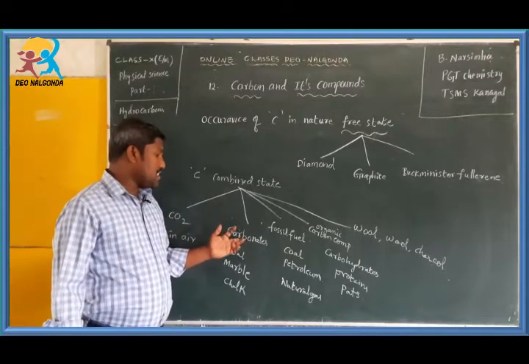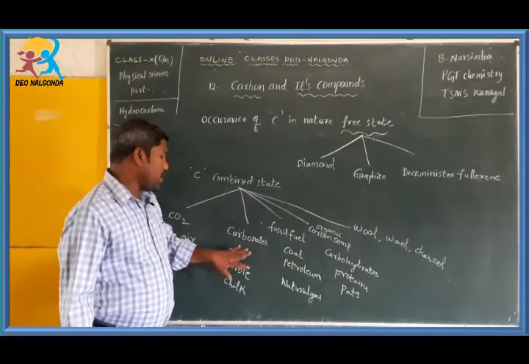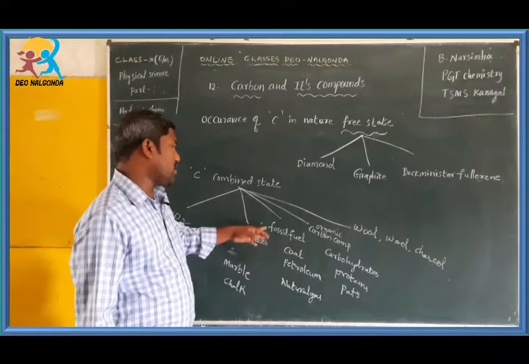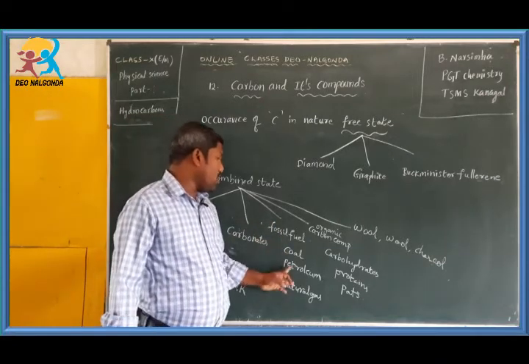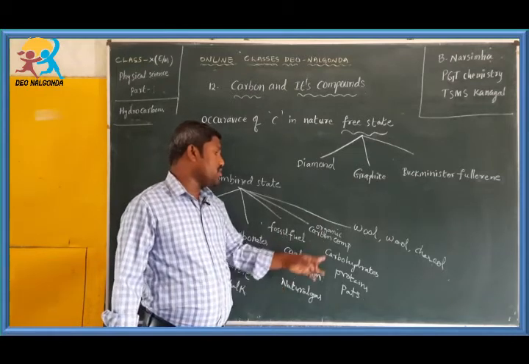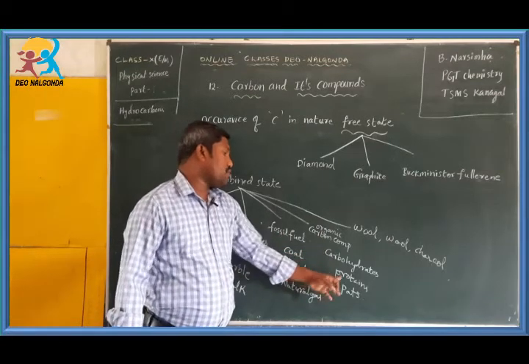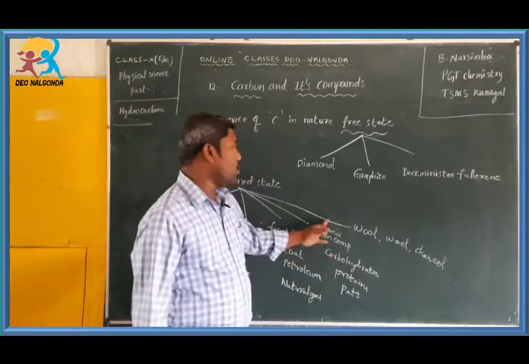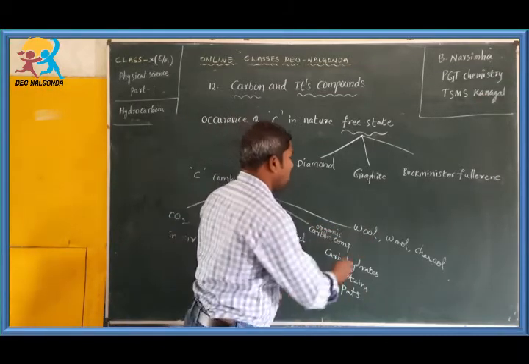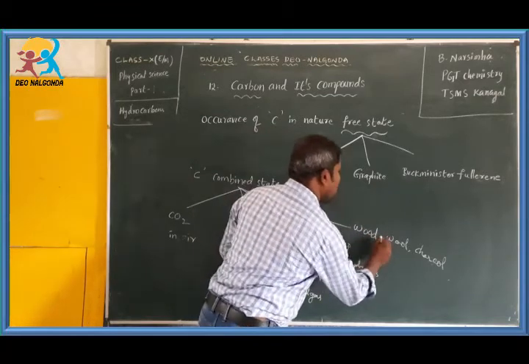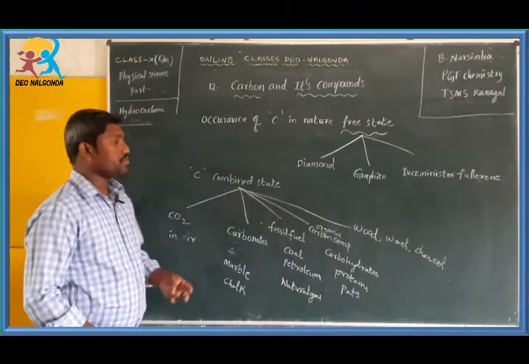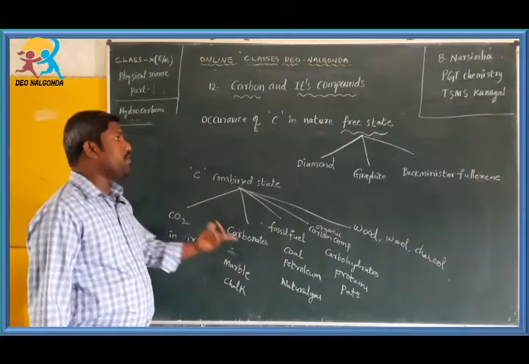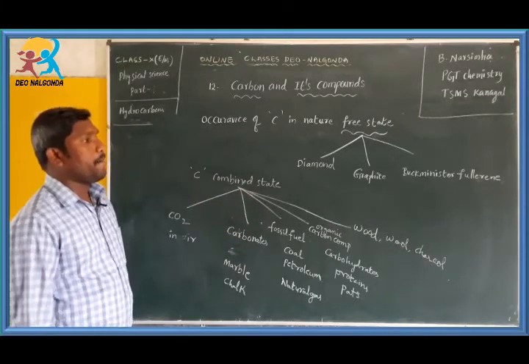Second is carbonates: calcium carbonate, marble, chalk. Then fossil fuels like coal, petroleum, natural gas, and organic compounds like carbohydrates, proteins, fats, amino acids, and wood, charcoal.